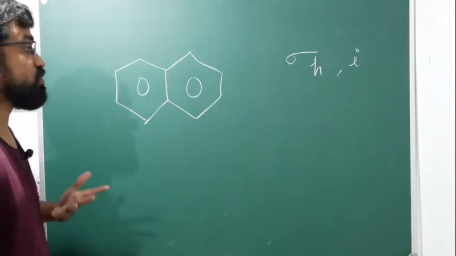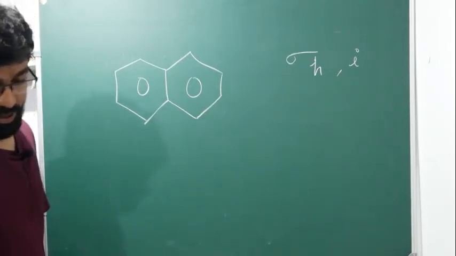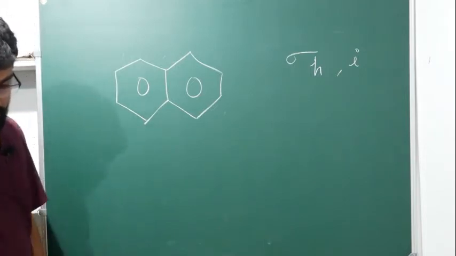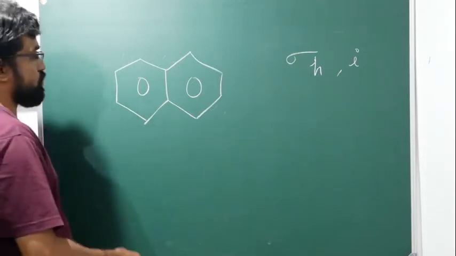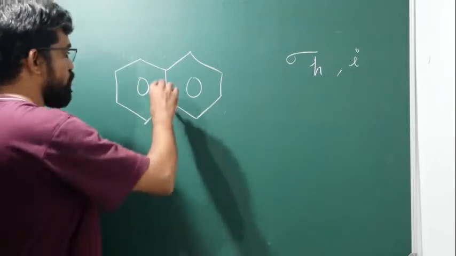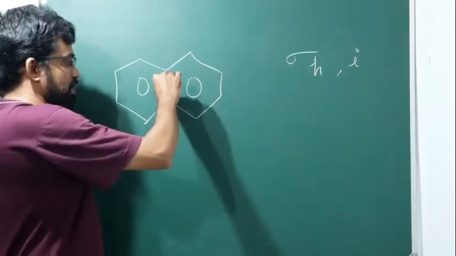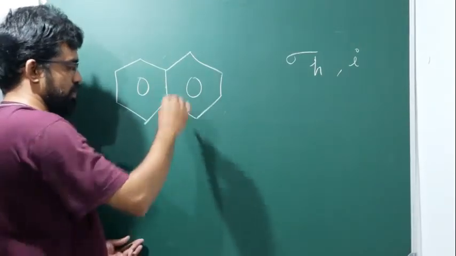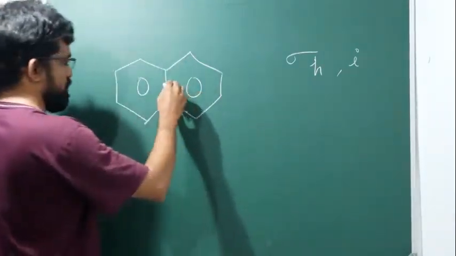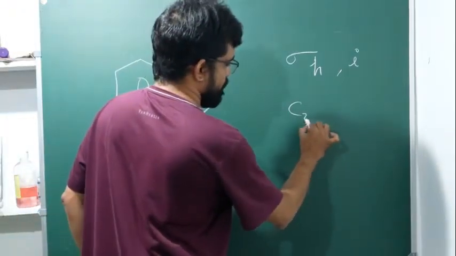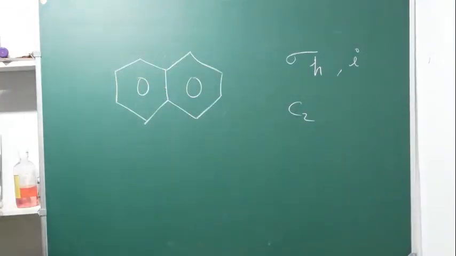And then C2 is there. How many C2s are there? Along this axis, say the x-axis, there is one C2.